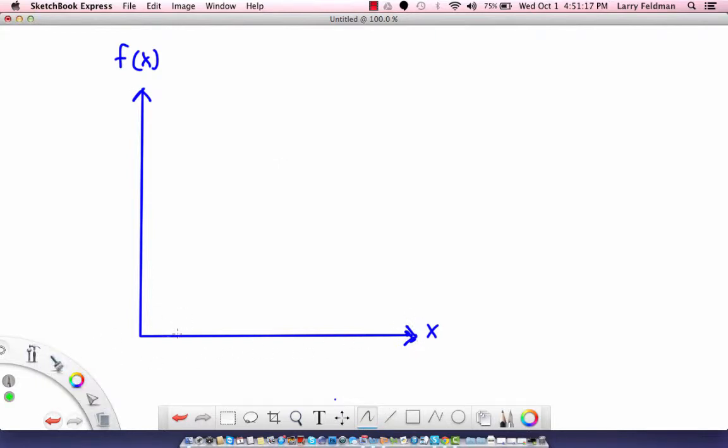Let's add a curve, or a function in this case, like that. And let's assume that we want to find the slope of the tangent line at this point, and it has an x-coordinate that's simply labeled x.